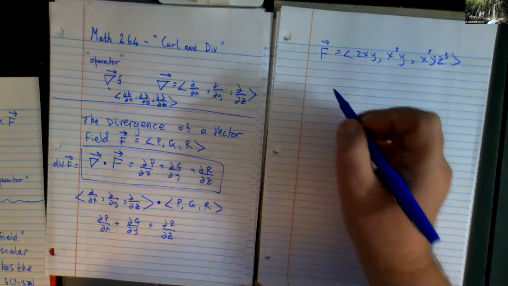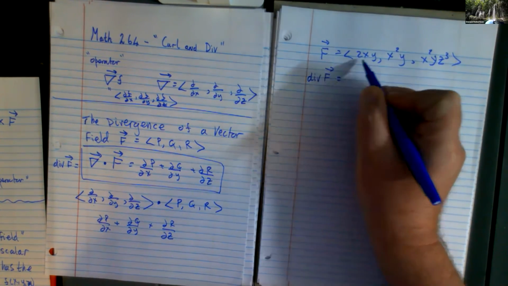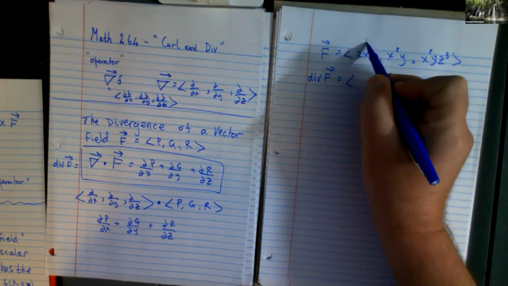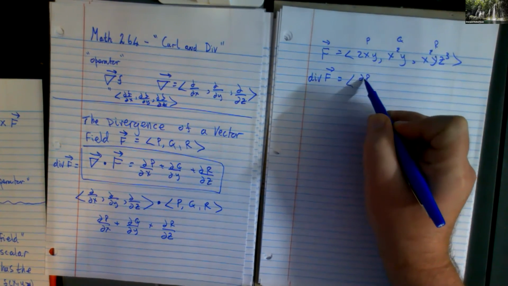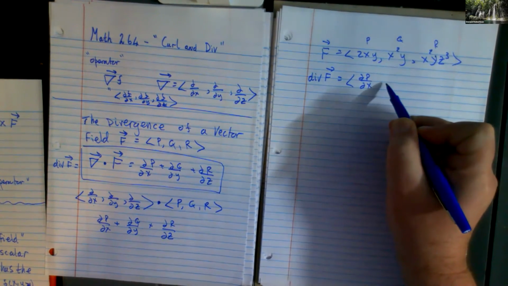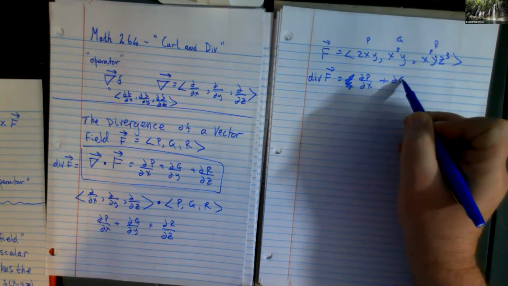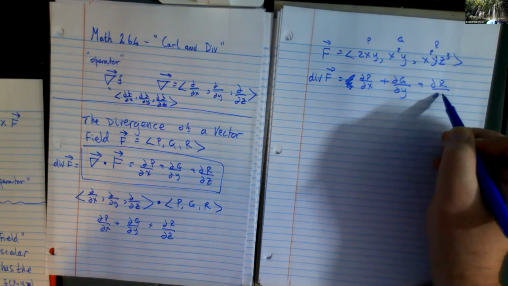If I wanted to find the div of this three-dimensional function, I would differentiate this, because that's basically P, this is Q, and this is R. I would differentiate P with respect to x. Whoops, forget that bracket, it's not there. Add that one, and then add that one.